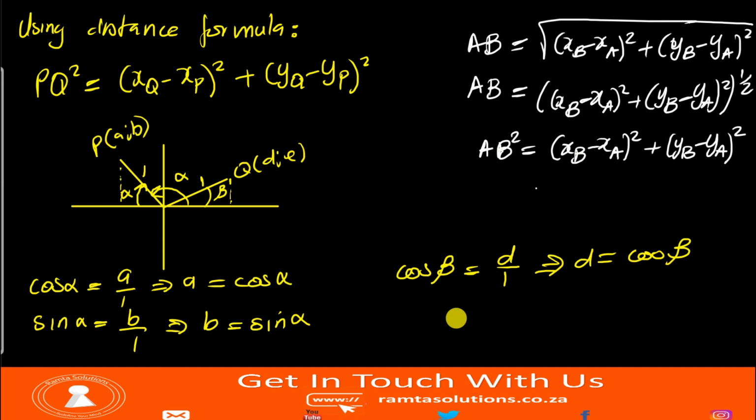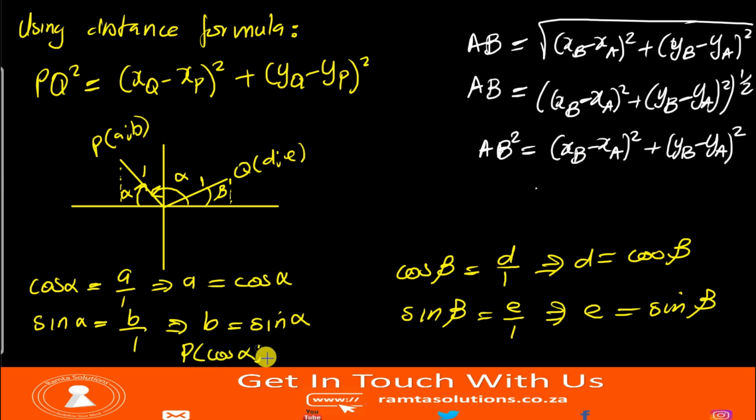Similarly, sine beta will be e over 1, implying that e is equal to sine beta. Therefore, point P has coordinates cos alpha, sine alpha, and point Q has coordinates cos beta and sine beta.